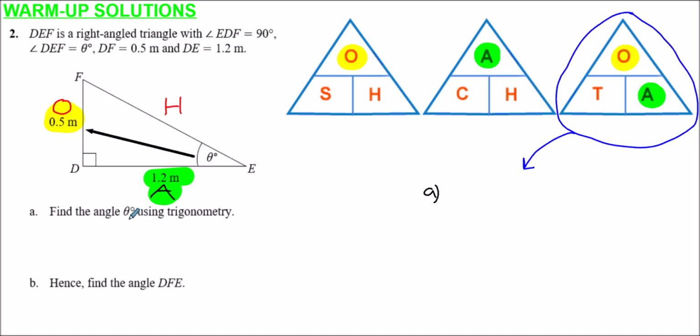remember when we're finding angles in trig, we use the shift, sin, cos or tan buttons. So in this case, because we've circled T for tan, theta is going to be tan to the minus 1, inverse tan of the opposite divided by the adjacent. So that's going to be 0.5 divided by 1.2.